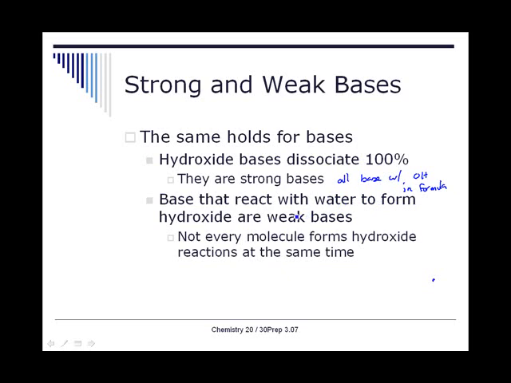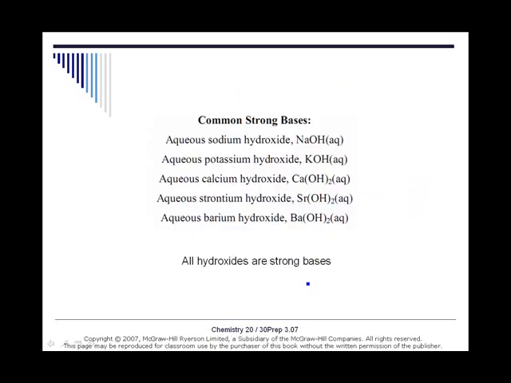The weak bases are the bases that react with water to form hydroxide. So for example, NH3 would be a weak base because it has to react with water to form hydroxide, and not every single one of those molecules is going to react. Most of them stay as ammonia.